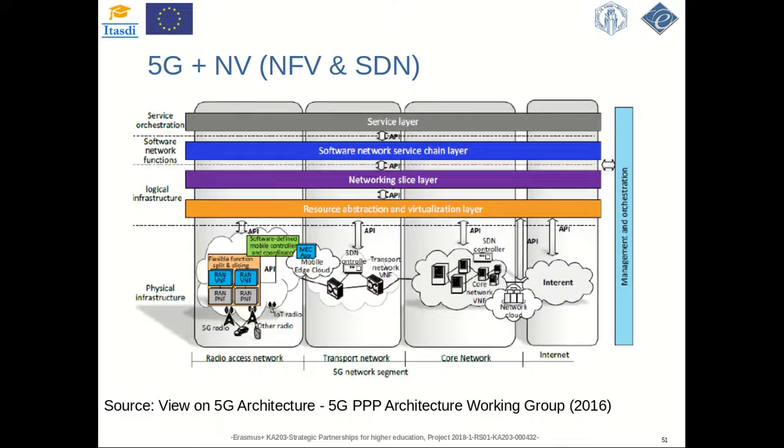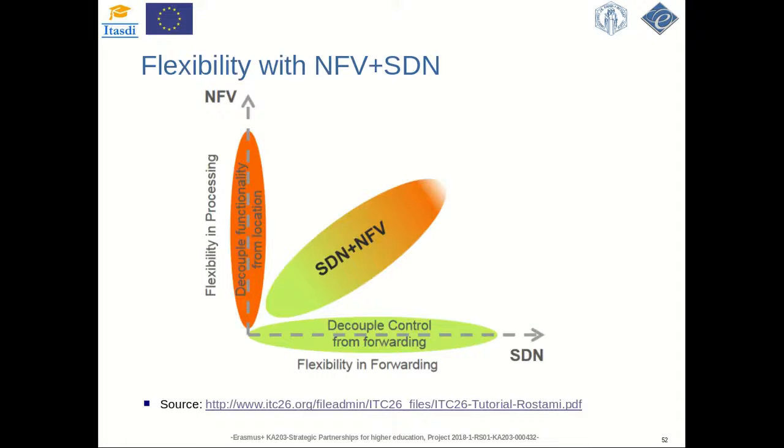Finally, we have network virtualization, NFV and SDN implemented in the future 5G architecture, which is planned to appear in 2020. The first 5G standards, and it's a very hot topic promising a bright future, this network virtualization. Here is presented the flexibility with NFV and SDN.